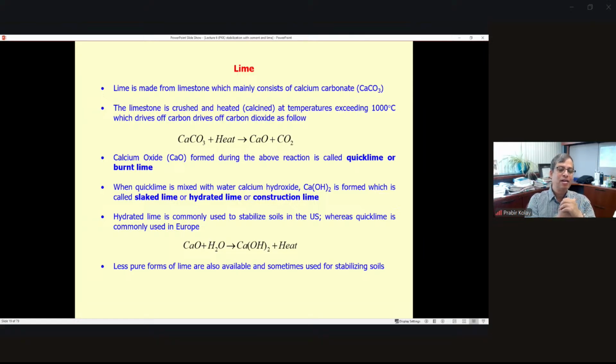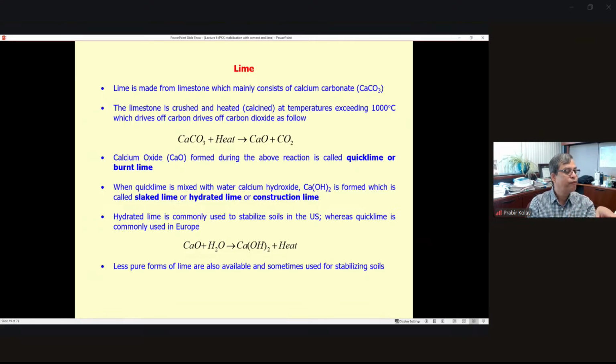In the US, most of the time people use quick lime. It depends. Sometimes people use hydrated lime. Both have advantages and disadvantages. Hydrated lime is commonly used to stabilize soil in the US, whereas quick lime is commonly used in Europe. Again, it depends, but I know over here in Southern Illinois, people use quick lime also.